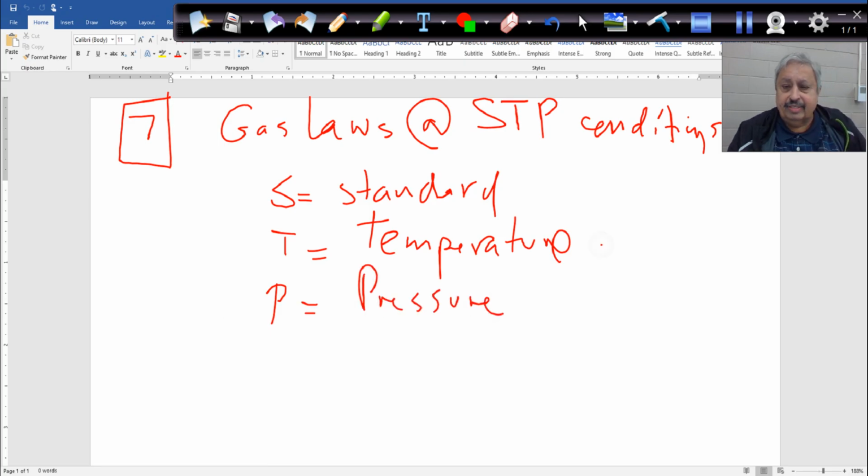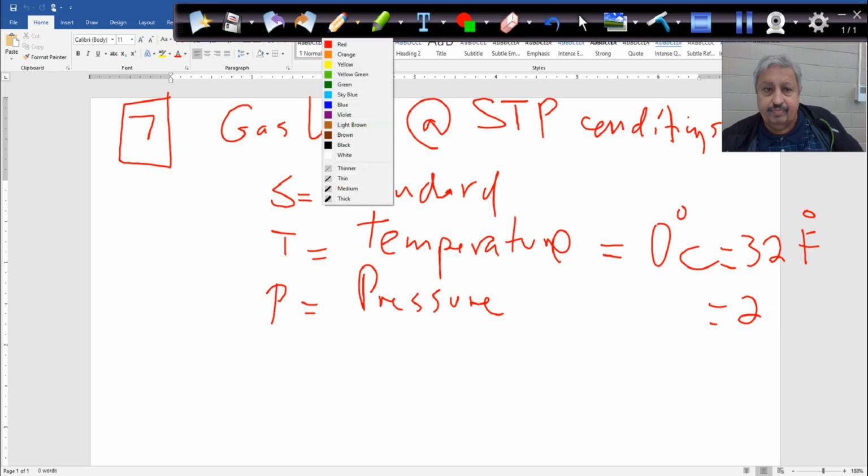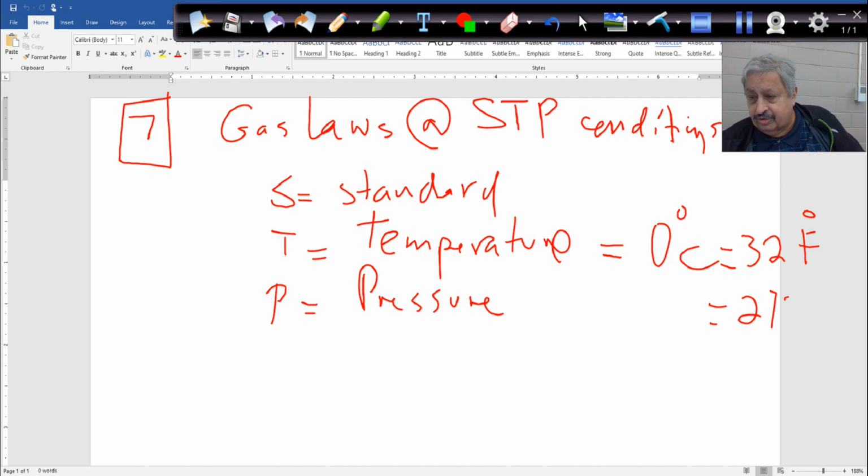So standard temperature is 0 degrees Celsius or 32 Fahrenheit or, what we said, 273.15 Kelvin. The pressure is just 1 atm.